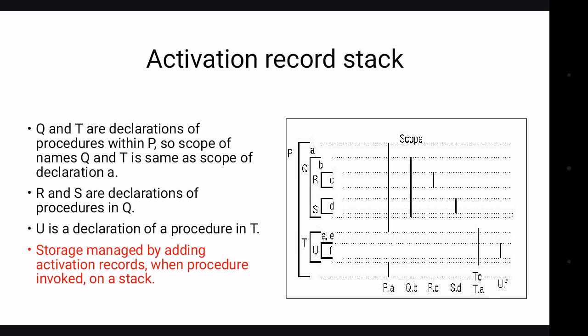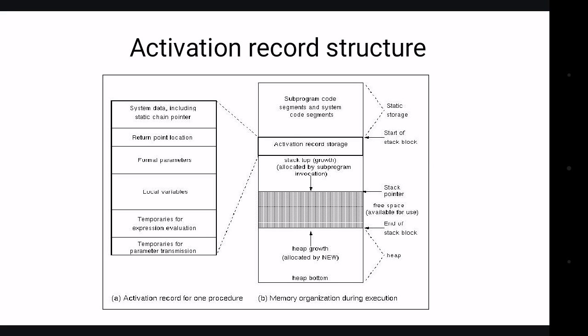Here storage is managed by adding activation records on a stack when a procedure is invoked. Now this is the typical activation record structure. Here we have the activation record for one procedure and the memory organization during execution. We have static storage, stack pointer, and the end of the stack block, which contains the heap. Here we have the activation record storage.